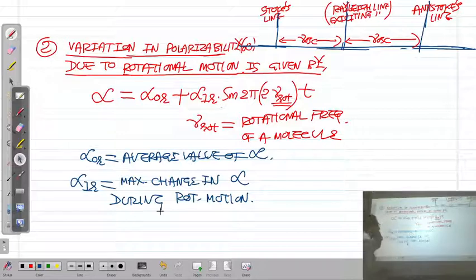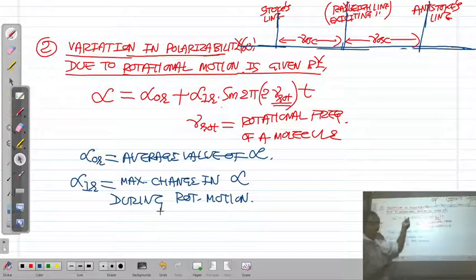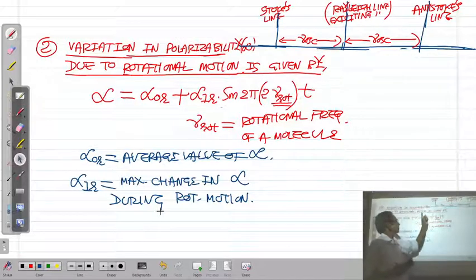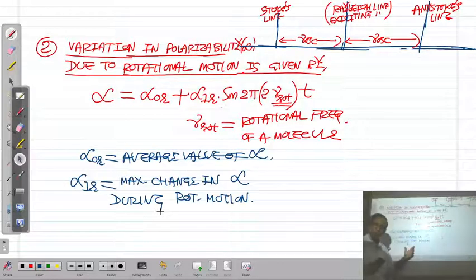I have defined all the three terms. Once again I repeat. What is alpha? Alpha is the variation in polarizability of the molecule due to rotational motion, defined by alpha 0r plus alpha 1r sin 2 pi 2 nu t. Alpha 0r is the average value of polarizability alpha, and alpha 1r is the maximum change in polarizability alpha due to the rotation.